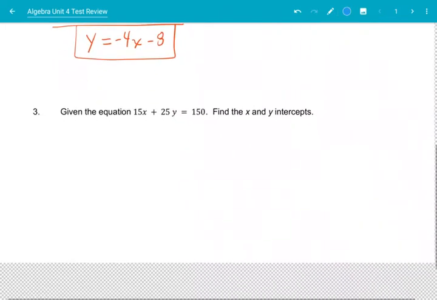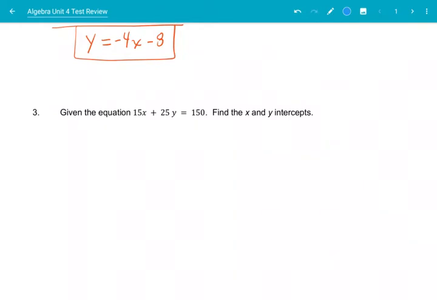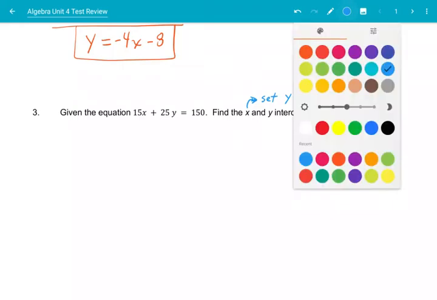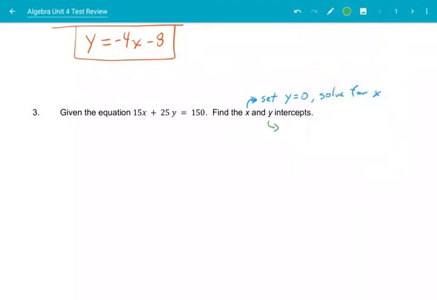Given this equation, find the x and y intercepts. Remember, for the x-intercept, set y equal to 0 and solve for x. And then for the y-intercept, it's very similar, just the other way around. Set x equal to 0 and solve for y.